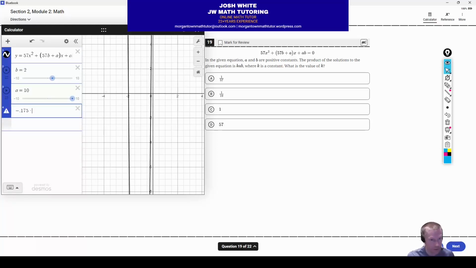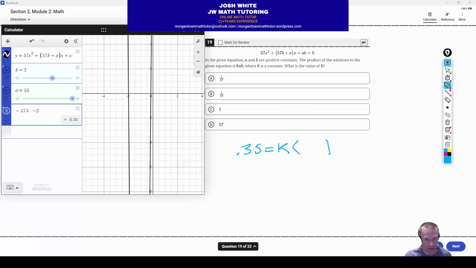I multiply those together, I get 0.35, okay? So my product of the solutions is 0.35. That is equal to K times A times B. Well, what's A times B equal? I said B is 2, A is 10, so that's just equal to K times 20. And now you could divide both sides by 20. So K equals whatever 0.35 over 20 is.